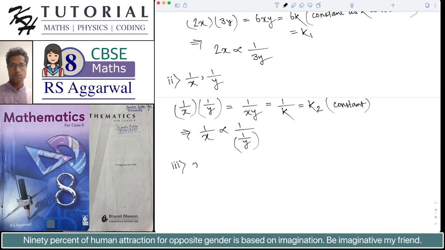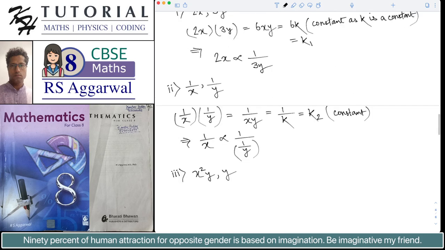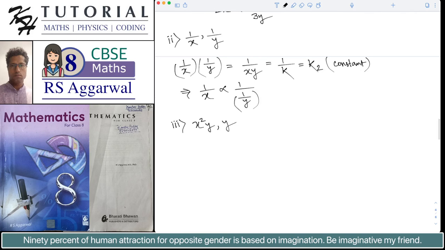The quantities are x square y and y. Okay. So the concept is similar. We will try to see whether the product of the quantities is coming out to be any constant or not.